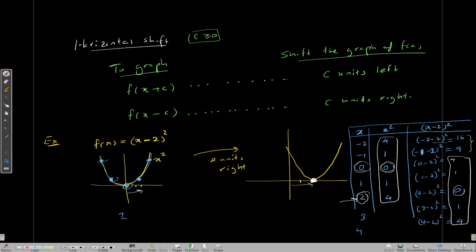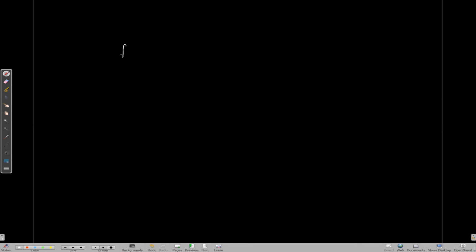I think you can understand this with this explanation, right? Now, similarly, if you had x plus 2 squared, what's going to happen is, you start with base function x squared.